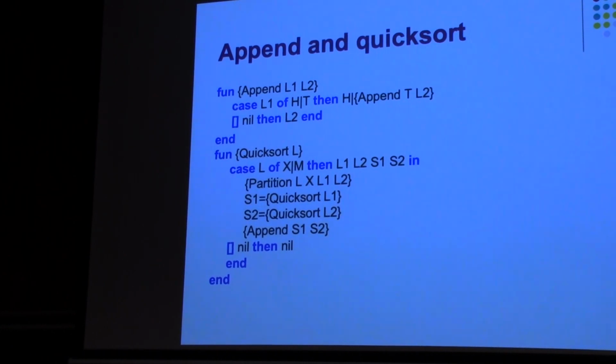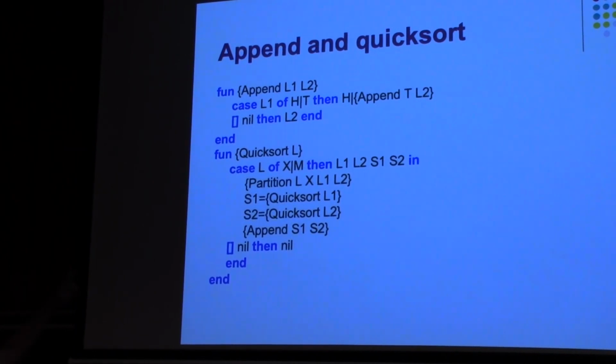So I give you a hint, maybe. Whenever I do a recursive call, what do I have to be sure of, that the recursive call will terminate? I have two recursive calls here, Quicksort L1, Quicksort L2.